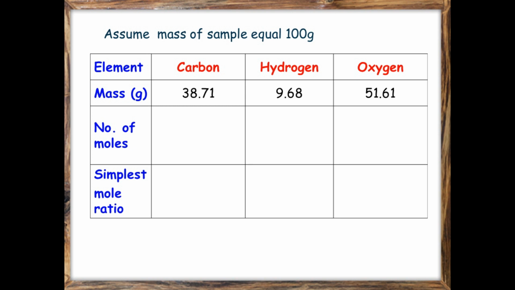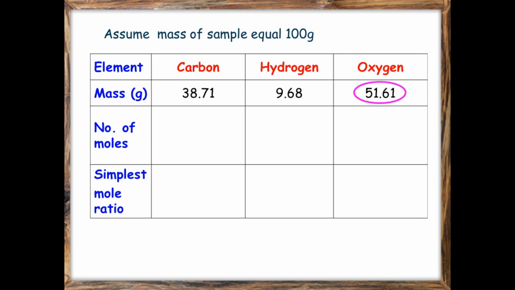Since we already assume mass of sample is 100 gram, therefore mass of carbon is 38.71 gram, mass of hydrogen is 9.68 gram, and mass of oxygen is 51.61 gram.